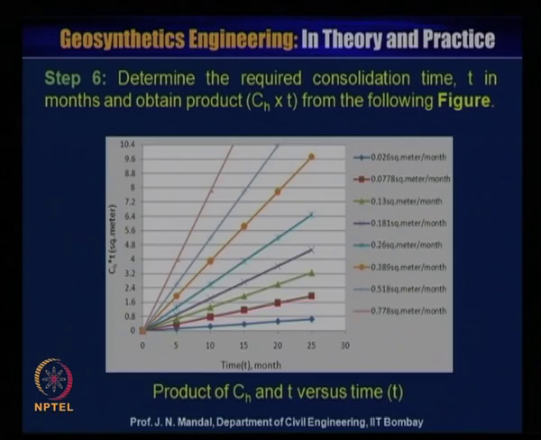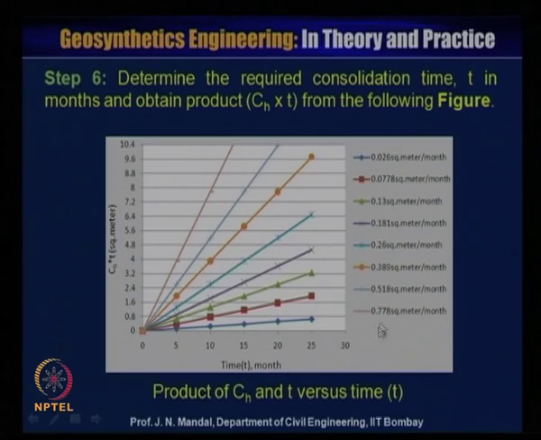Step 6, determine the required consolidation time t in month and obtain the product Ch into t from the following figure. Here is the product of Ch and t versus the time t.